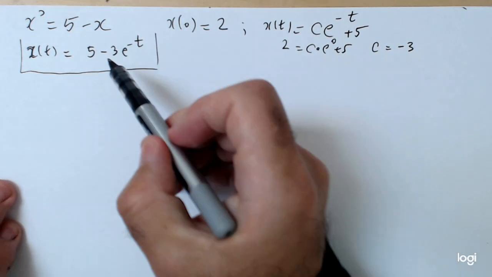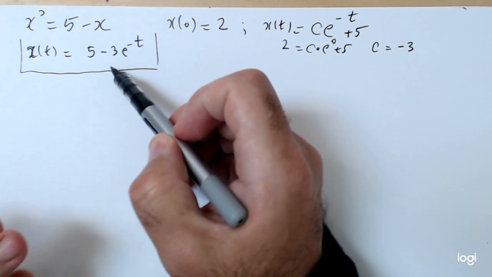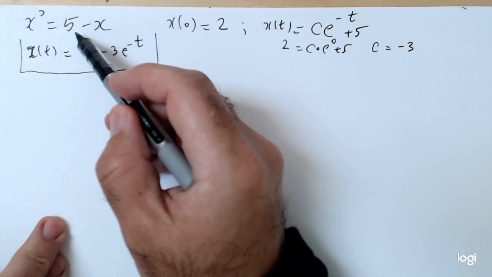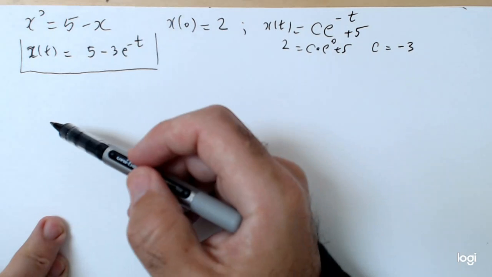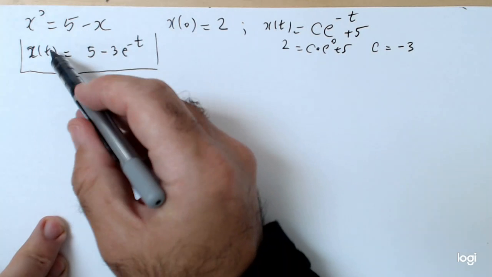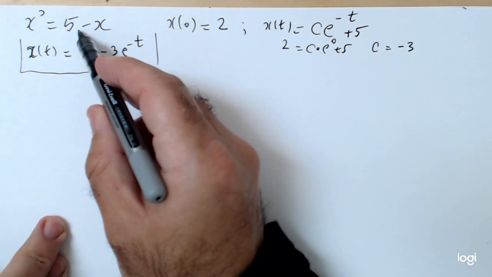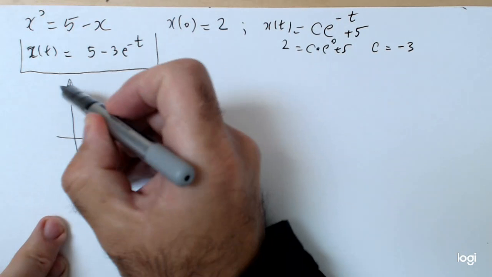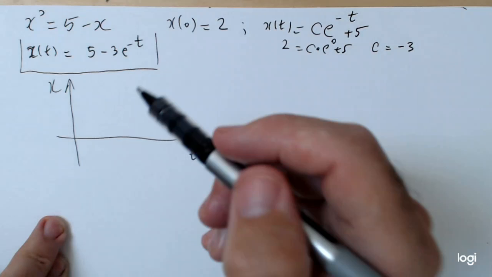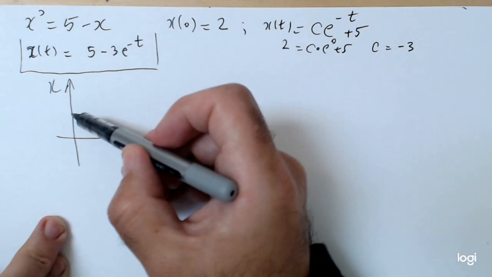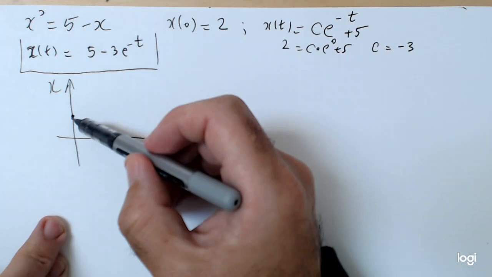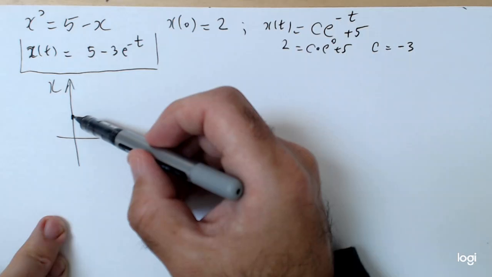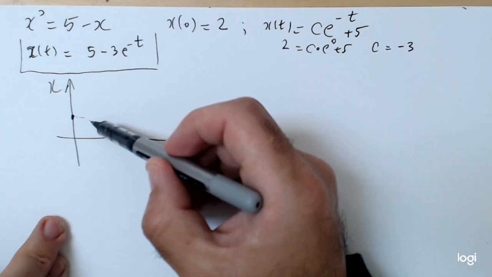We don't need to find the explicit solution to prove that this solution stays positive. Imagine you don't know how to solve this. The intuitive approach that I mentioned on the previous page is to look at what happens to x of t if x of t becomes very, very small. If I try to visualize what the solution does, I don't know what x of t does. I know that I start with some initial positive condition, but I want to know what happens if x of t ever comes close to being 0.